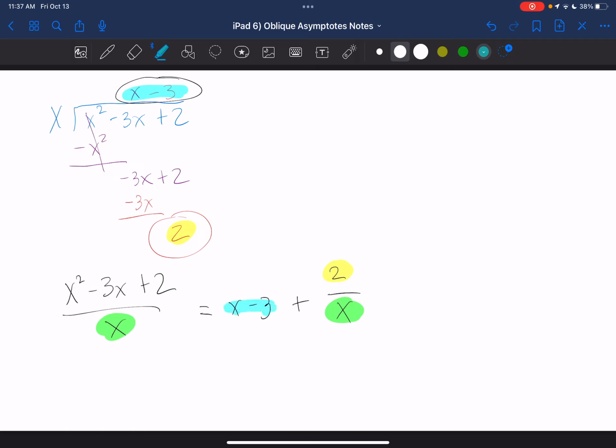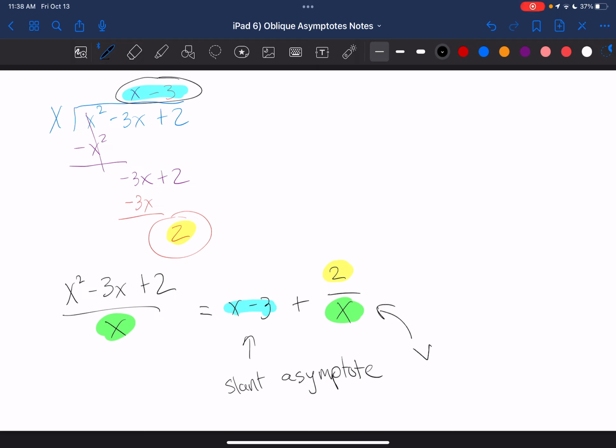That's what happens when we do the division. Now, this right here, the blue, the quotient itself, that's your slant asymptote. So you can get the slant asymptote once you're done the division. The vertical asymptote you can get before or after. Zeros I would get from before. It's going to be easier to get our zeros there.